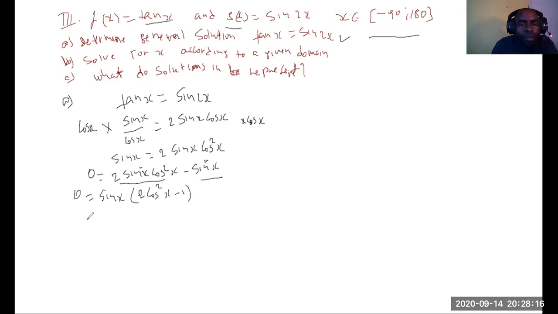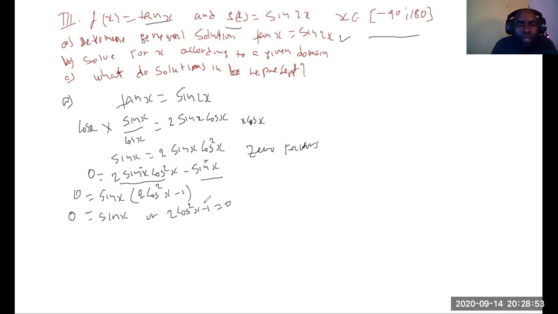Okay. So now we have a zero factor: 0 equals sin x or 2 cos square x minus 1 equals 0.